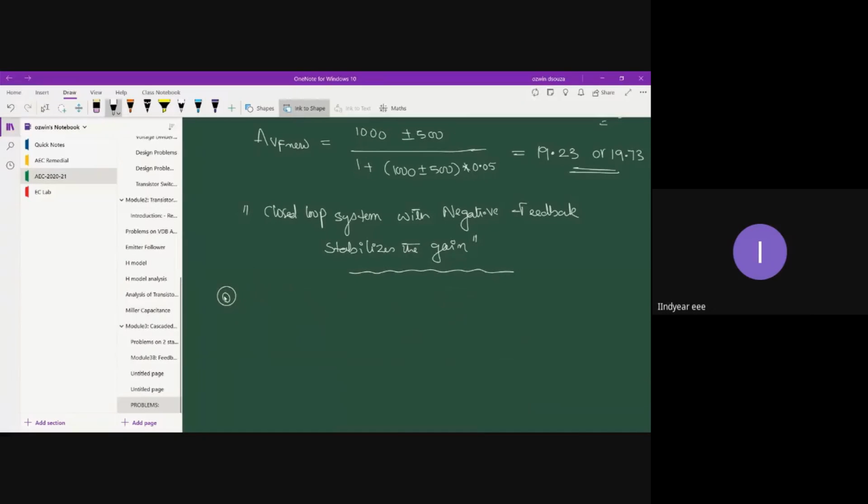Now let us look at the 6th problem. It's given that an amplifier with negative feedback has a voltage gain of 120.